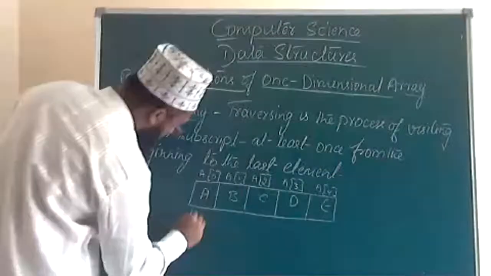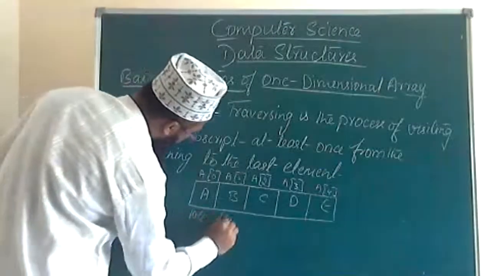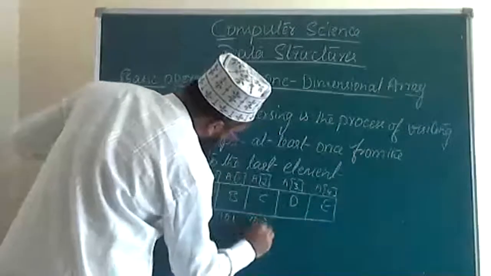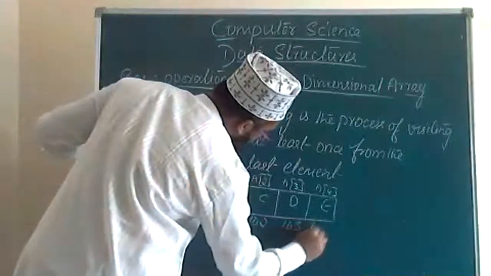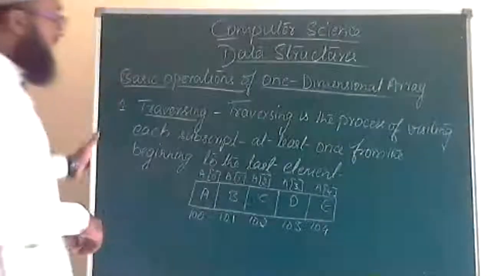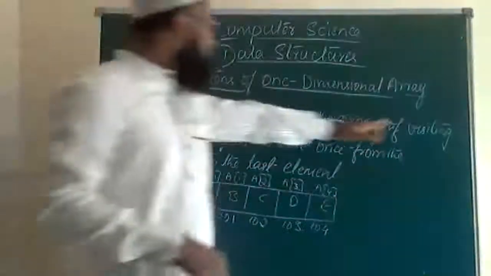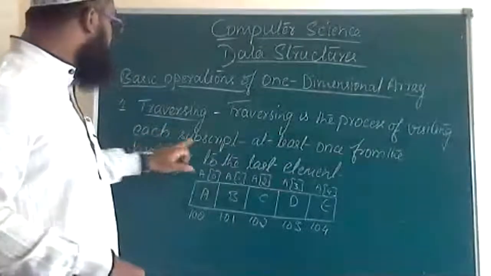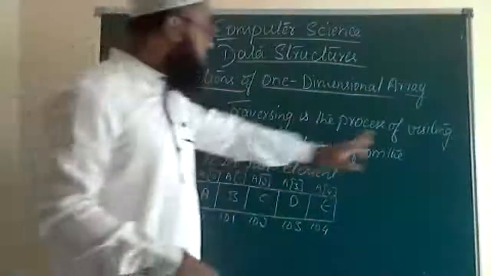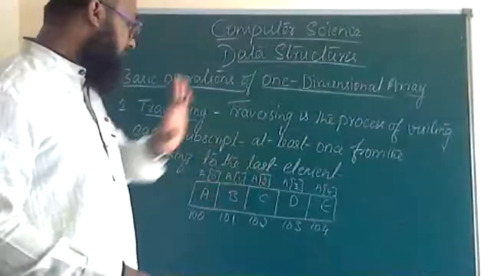Then the addresses could be like this: 100, 101, 102, 103, 104. Traversing is the process of visiting each subscript at least once from beginning to the end.